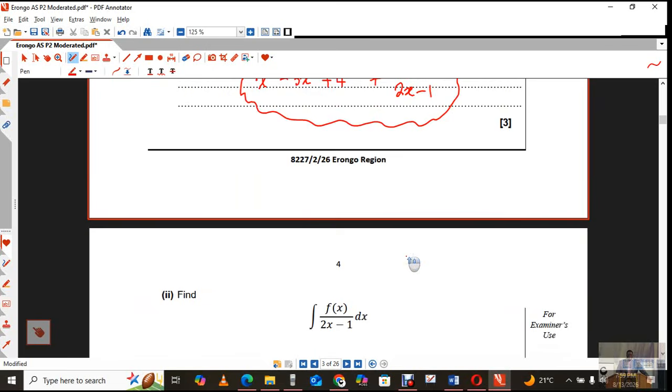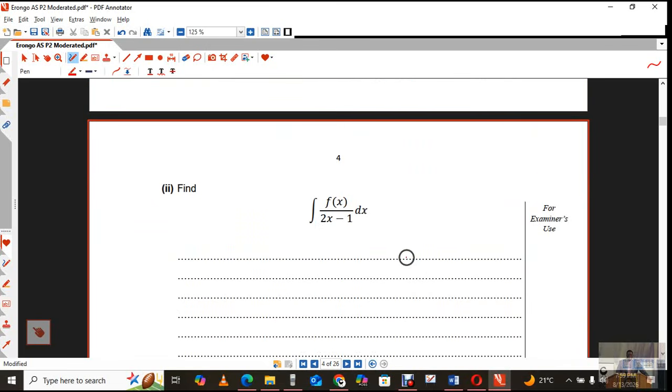Now, let's see what the second part is. Now, they say we are supposed to find the integral of f of x, the function that we had, all over 2x minus 1. So that function can actually now be written differently, okay? Because remember, you should also know how you are supposed to integrate certain functions here.